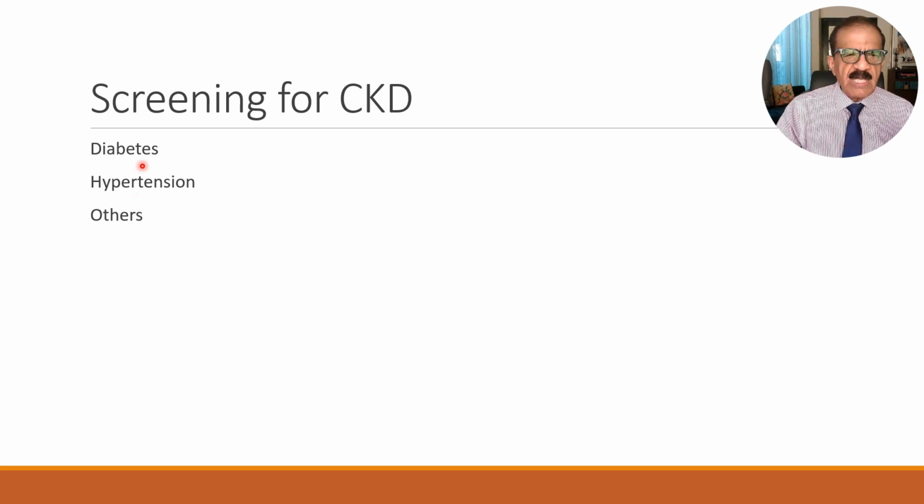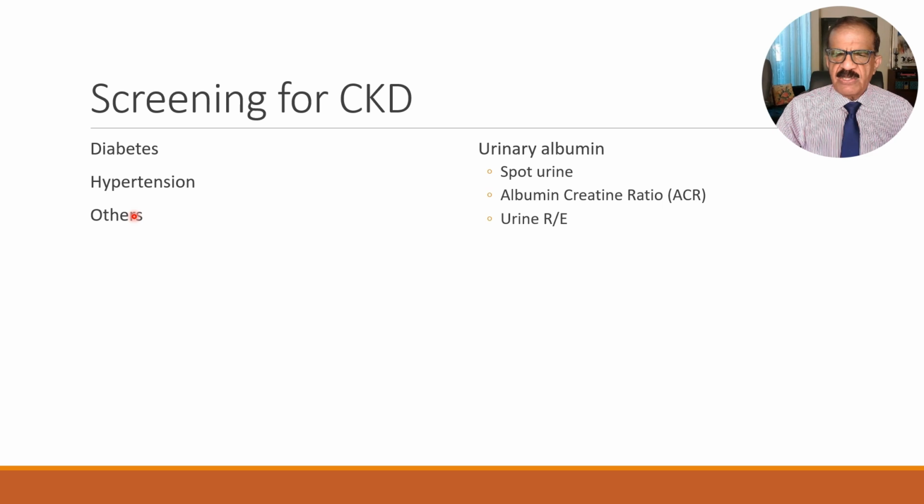So if you're treating either of these two conditions, or any chronic condition where you suspect there could be kidney involvement, like an autoimmune disease, then you should do these screening tests periodically. And these are the screening tests. Basically, we test urinary albumin. You know, in urine, normally there should be no albumin, at least not detectable with the ordinary dipstick method. So you could do the urine test for small amounts of protein.